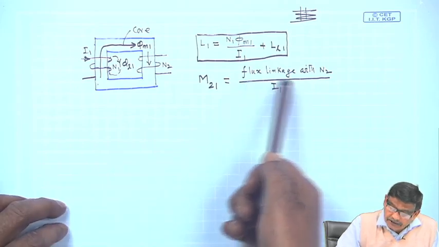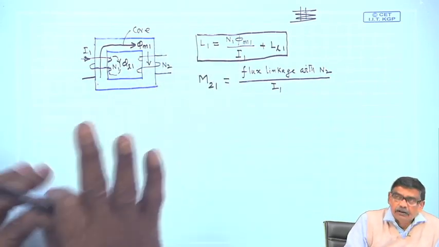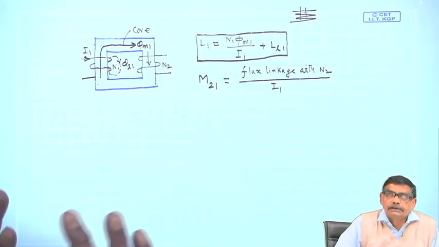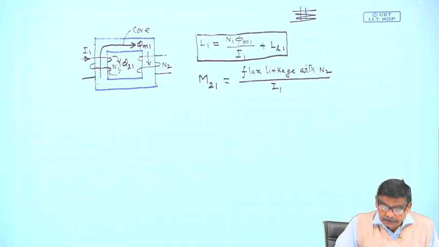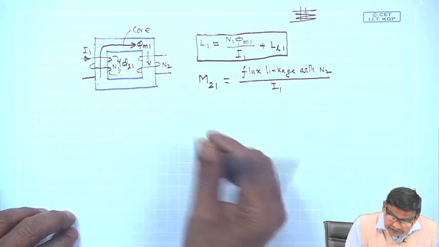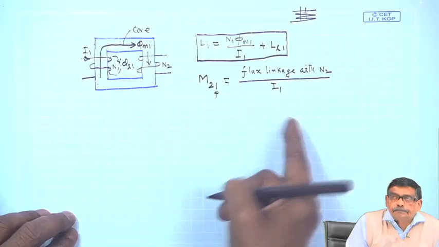So, this is flux linkage with N2 divided by I1. Second coil I have not touched, nothing is flowing through the second coil. So, this is called the mutual inductance of the second coil. The second suffix indicates that the first coil is carrying current.